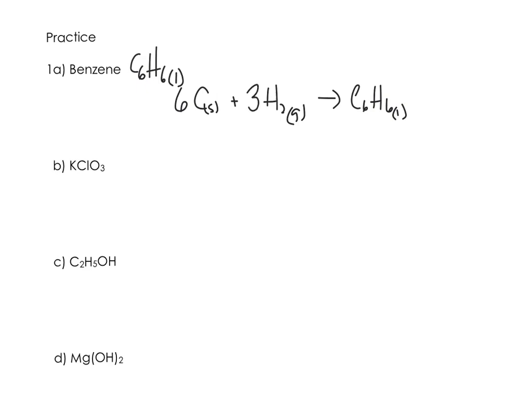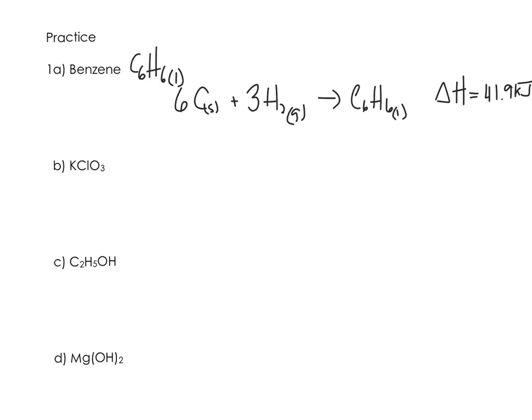All right, and then you will have in the appendix of your textbooks an enthalpy of formation value table. So you can look up benzene in that table. And delta H, the molar enthalpy of formation of benzene, is plus 49.1 kilojoules per mole. There's 1 mole in my reaction, so it's 49.1 kilojoules.